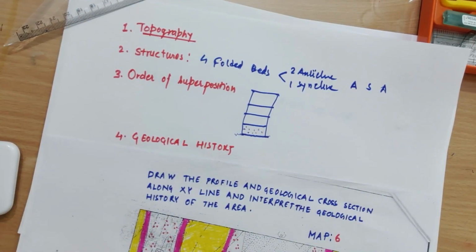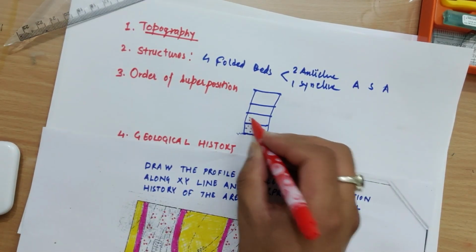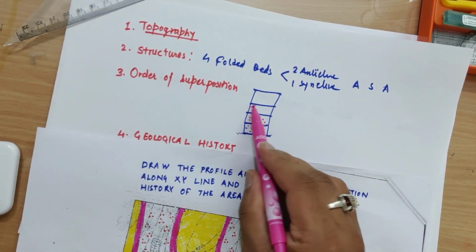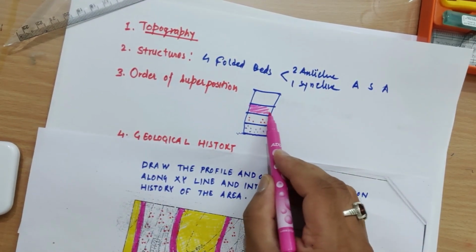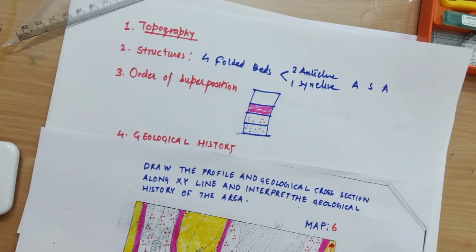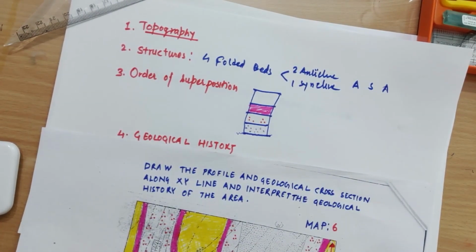Then we have bed number 2 that is represented by triangular dots. Then bed number 3 which is represented by pink color, and bed number 4 which is represented by yellow color.